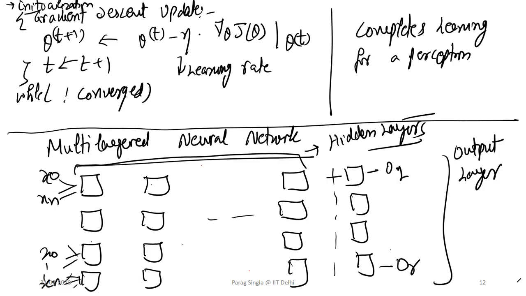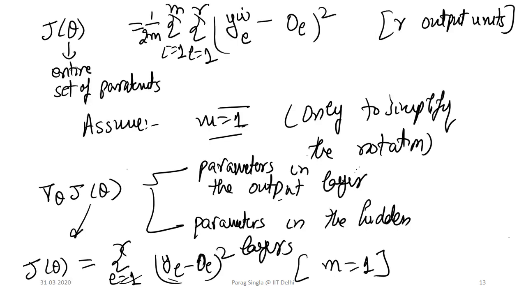Before we break for the next class, let me describe one more thing, which is our error in terms of the entire set of parameters in the multi-layered network. How will it be defined? Note that now there are multiple outputs, so there will be, let's say, R such outputs.